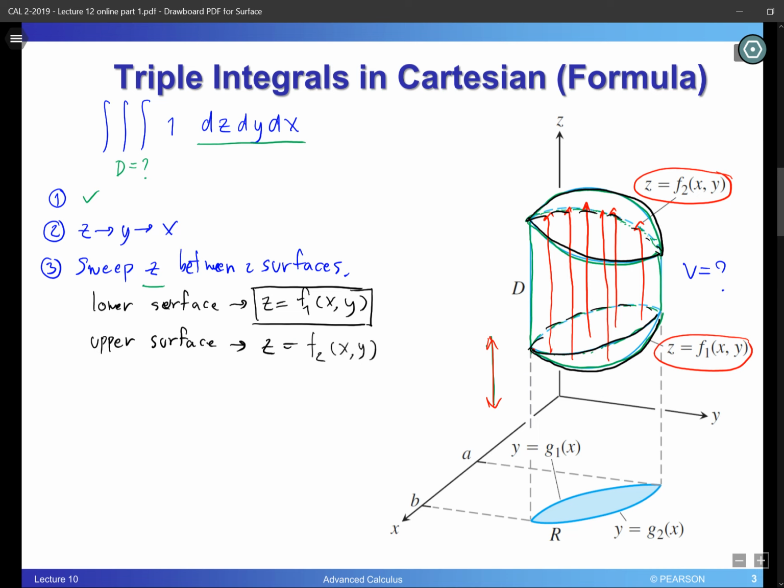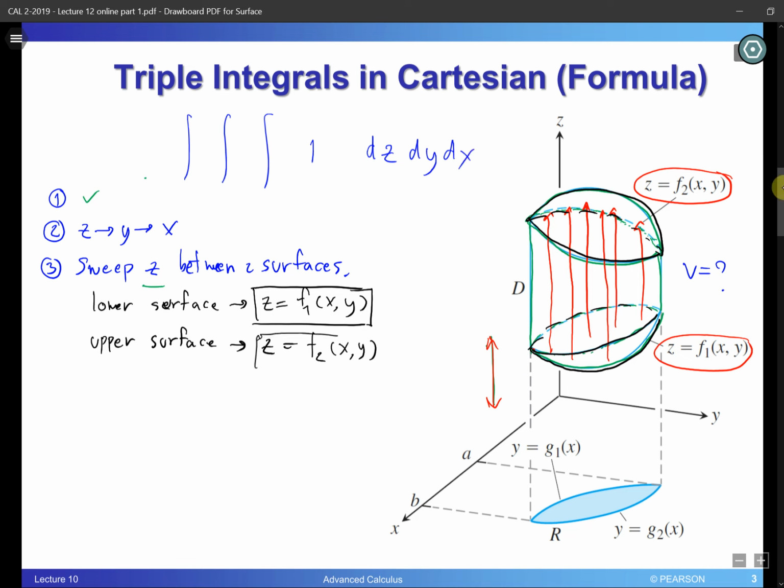Okay, let me make this a little bit bigger. So we are going to do this triple integration of 1 starting from z, and then y, and then x. So z is going to sweep from the lower function f1(x, y) to the upper surface, which is f2(x, y).